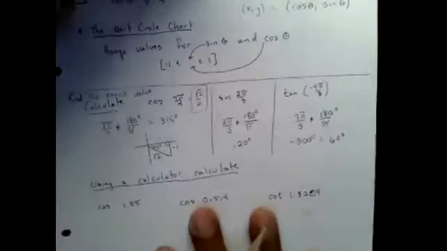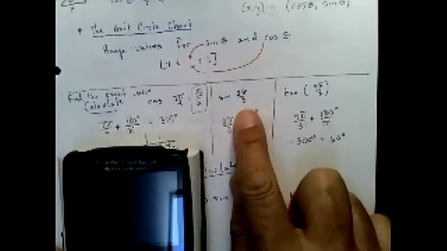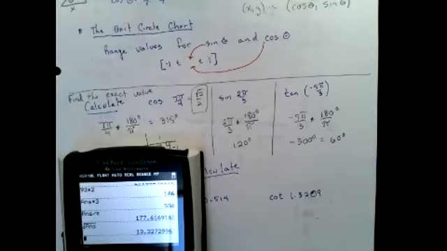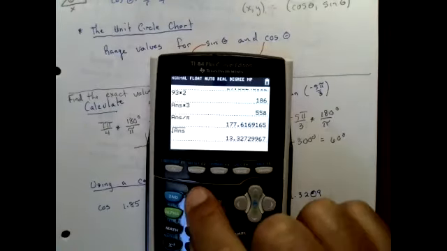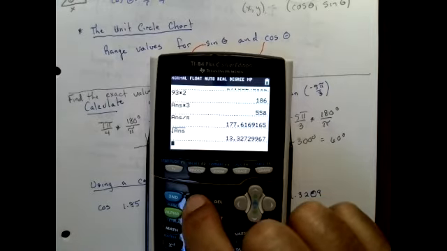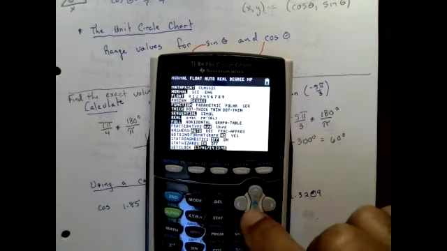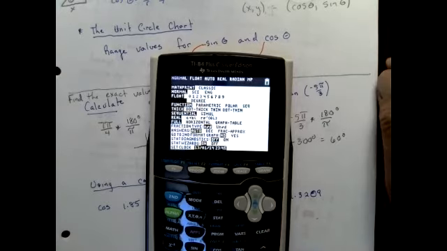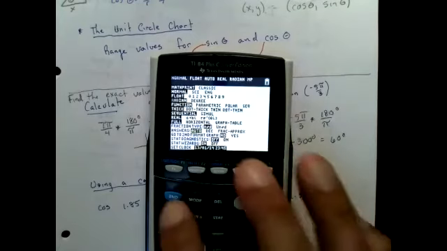All right, so I'm going to throw a curveball at you. What if I said you didn't have to find the exact value? Calculate the sine of 2 pi over 3. Well, I need to do this first. If I'm going to do the sine of 2 pi over 3 and not make it degrees, I'm going to have to hit mode. And in my mode setting, I'm now going to come down and convert my trig to radians.